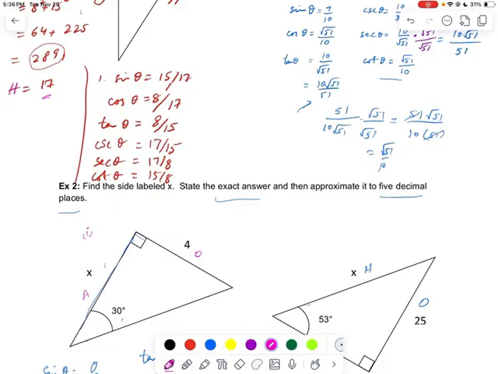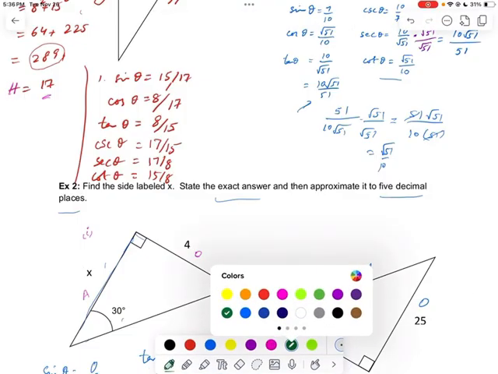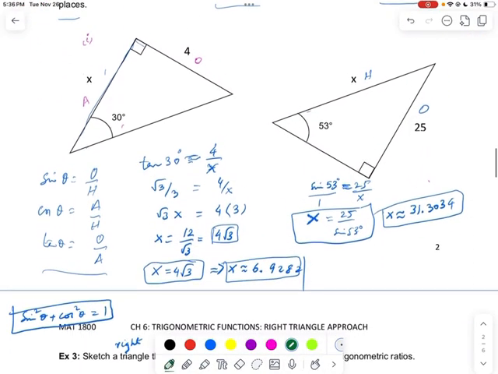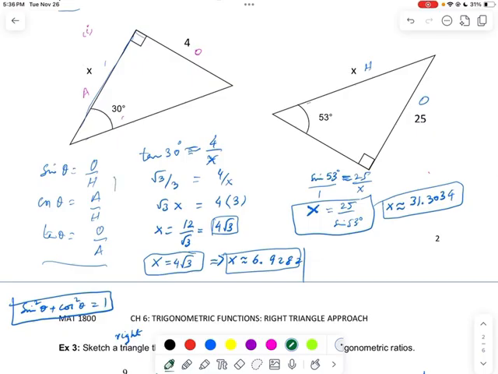So here, first example, the triangle has this side written as 4. This side is X. So one leg is 4, the other leg is X. Now, can we find the hypotenuse?